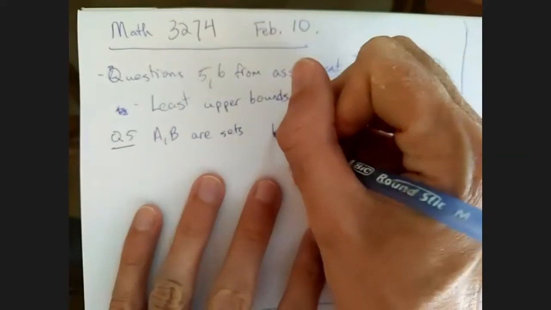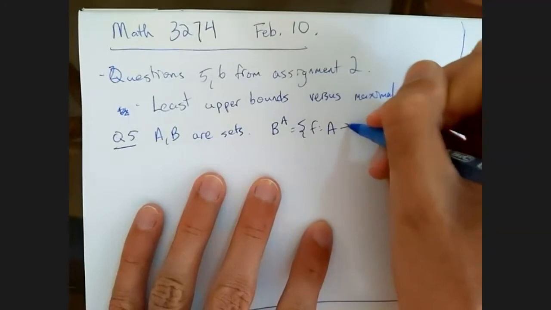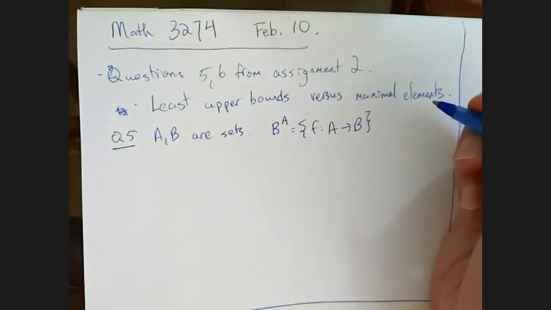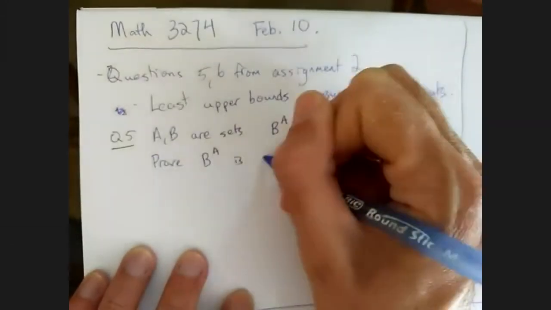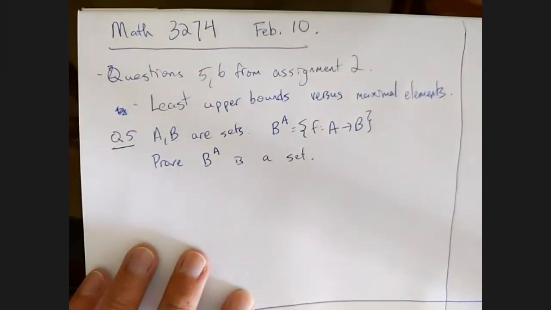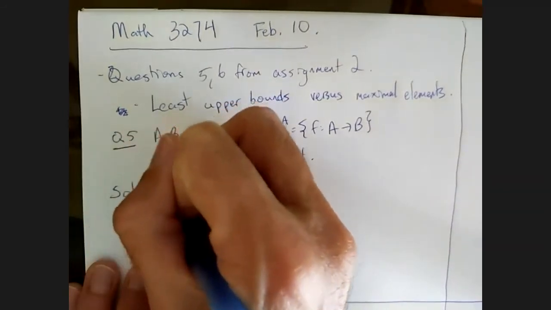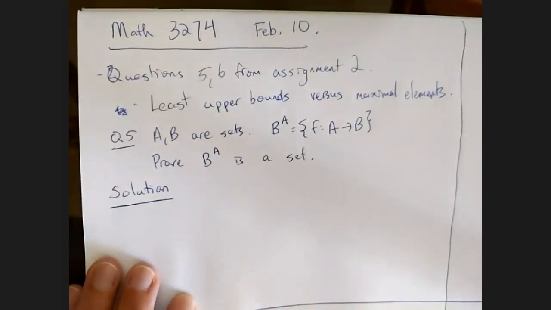And then you put B to the A to be the set of all functions from A to B. And we're supposed to prove B to the A is a set. Meaning we have to use the axioms. We have to construct it from other sets and then use the axiom schema of comprehension.